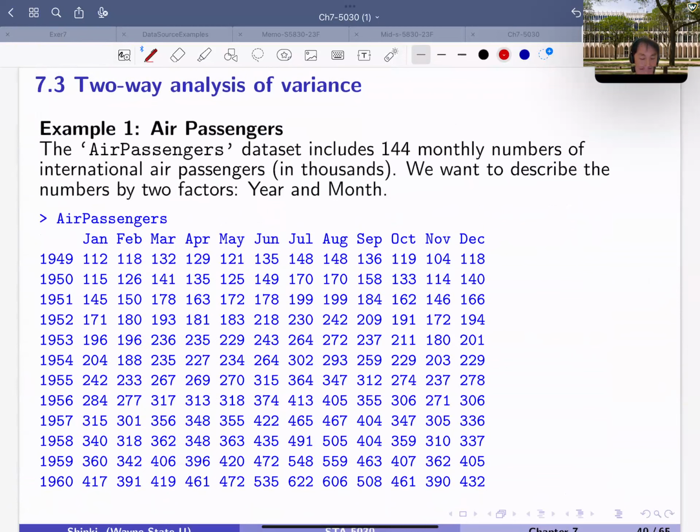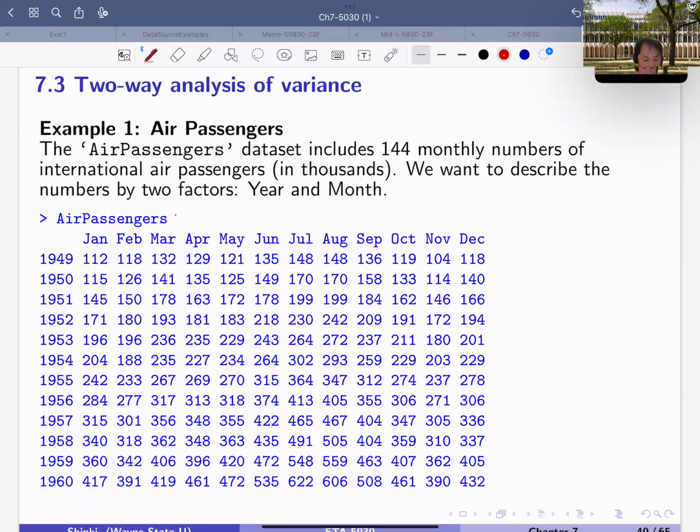Example 1, the air passengers data. This is the default. In default, our package includes the 144 monthly numbers of international air passengers. This is a little confusing, but this is not really a matrix, and it's not a table either.